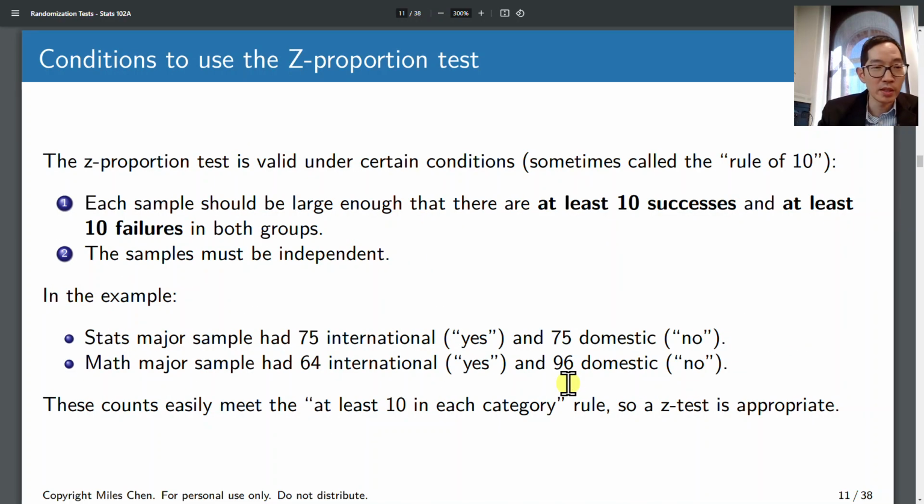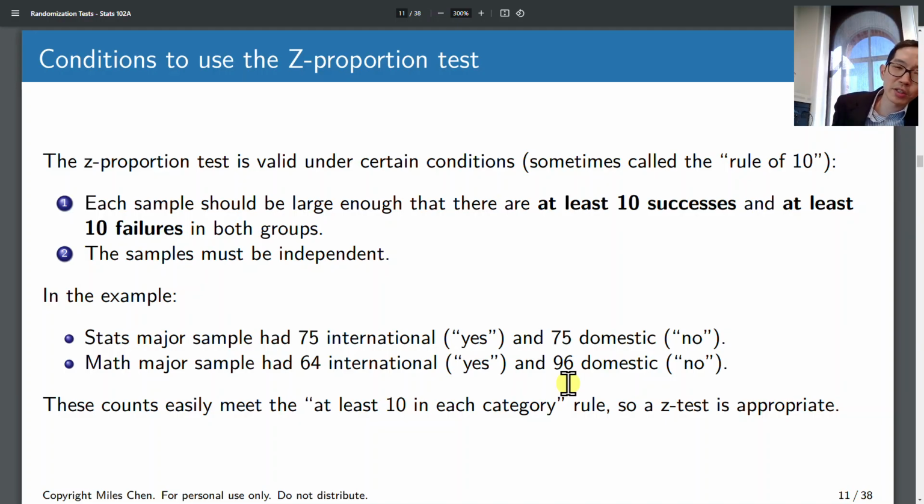Now, to use the z-test, there are certain conditions that have to be true, and basically you need to have big enough samples. Each sample should be large enough that you have at least 10 successes and 10 failures in each group, and the samples have to be independent.